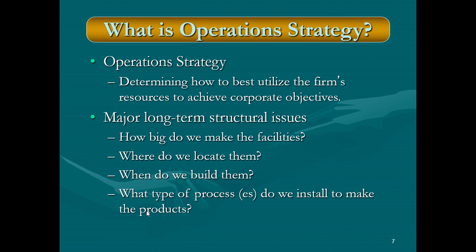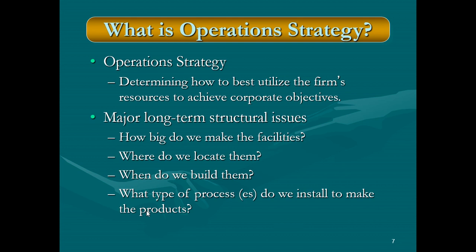What is operations strategy? Operations strategy determines how to best utilize the firm's resources to achieve corporate objectives. Again, how best to utilize your firm's resources, how to be more efficient in the long term, to use your resources in order to achieve a corporate objective.